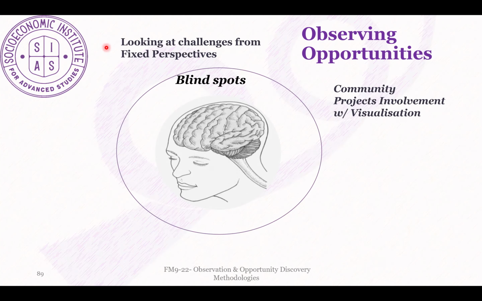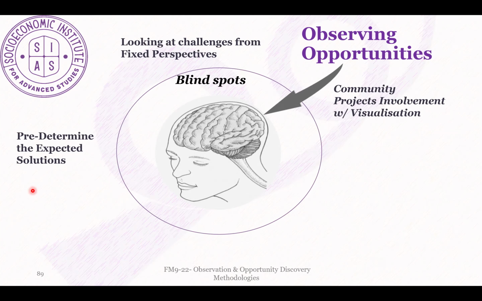We look at the challenges from different perspectives, so that we can see, for example, how much we can bring the community to get involved with the project or with the problem. And this will help us to build visualization. One of the challenges to overcome these blind spots is what we call predetermined expected solutions.